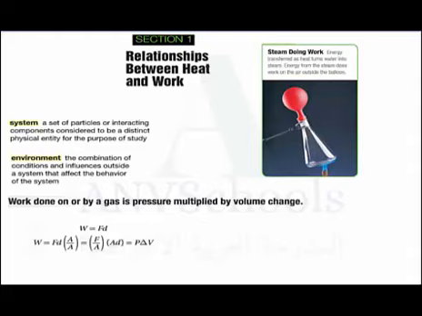When this Bunsen burner heats up the container filled with water, there will be a transfer of heat energy from the Bunsen burner to the water. The water is going to start to boil. As the temperature starts to rise, energy is transferred in the form of heat from the Bunsen burner to the water.